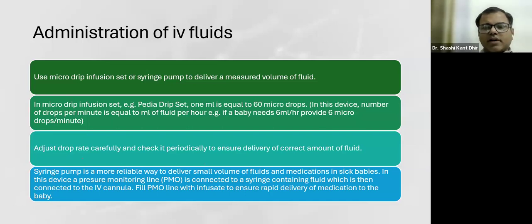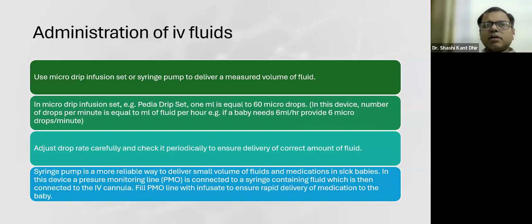So the syringe pump is a more reliable way, and we all must have seen that the syringe pump is an electronic device. We attach a PMO line or pressure monitoring line. It is connected to a syringe, and with continuous pressure, it is able to deliver a set amount of volume to the baby, right?